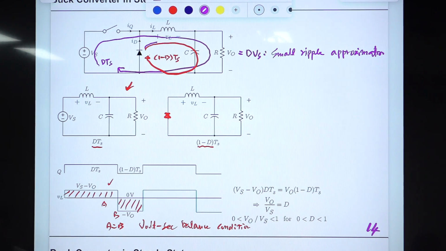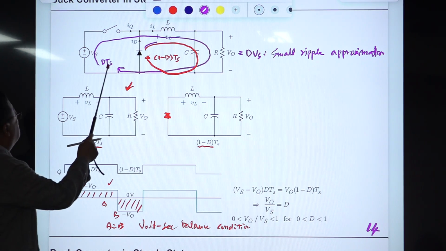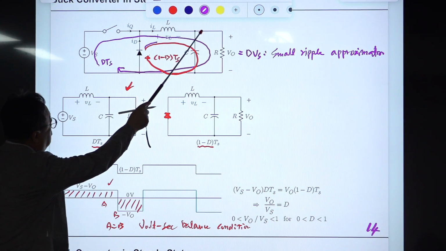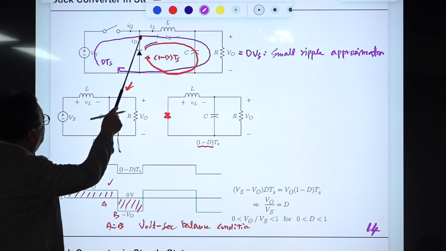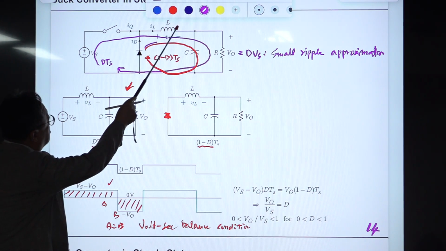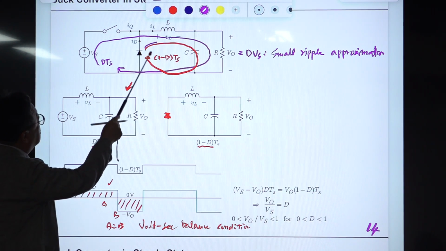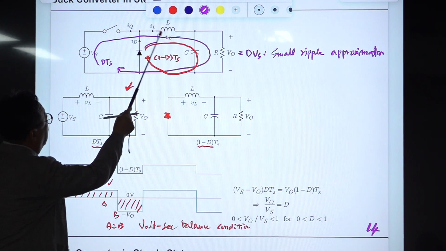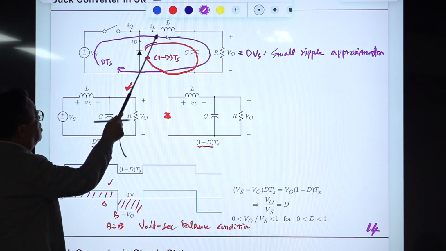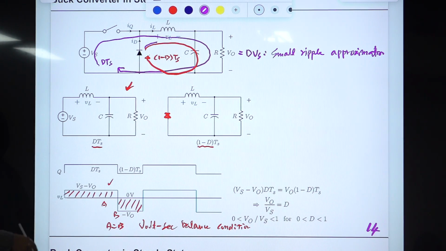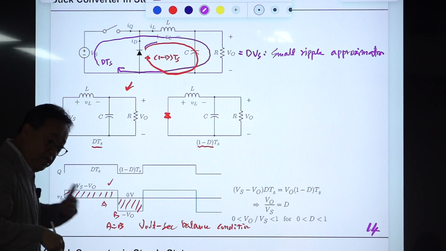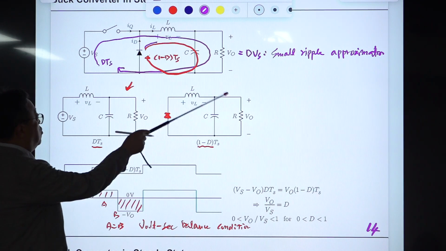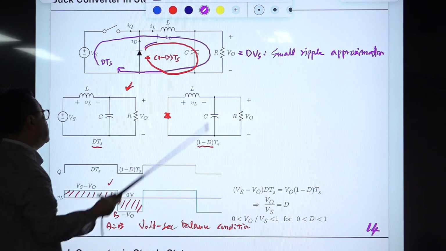It's called the on-time sub-circuit. During the off-time period, the inductor wants to keep its current continuity, so it turns on this diode, and current flows like this. Then this voltage becomes negative, which means the energy is going in this direction, dumping into this load resistor and this capacitor as well.